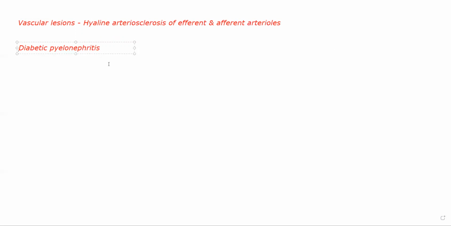What happens in this? Now obviously a patient who has diabetes is susceptible to bacterial infection, because they have so much glucose present in their blood. It is very easy for bacteria to grow. Okay, and especially if they have a urinary infection, then pyelonephritis is very common.